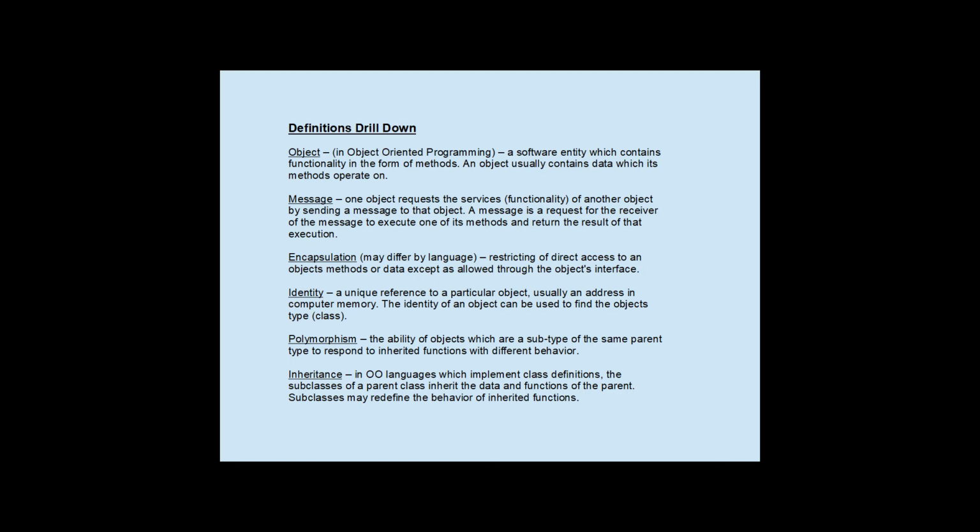Polymorphism: the ability of objects which are a subtype of the same parent type to respond to inherited functions with different behavior. And finally, inheritance. In object-oriented languages which implement class definitions, the subclasses of a parent class inherit the data and functions of the parent. Subclasses may redefine the behavior of inherited functions.